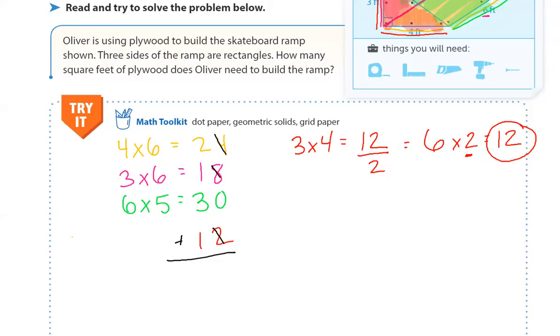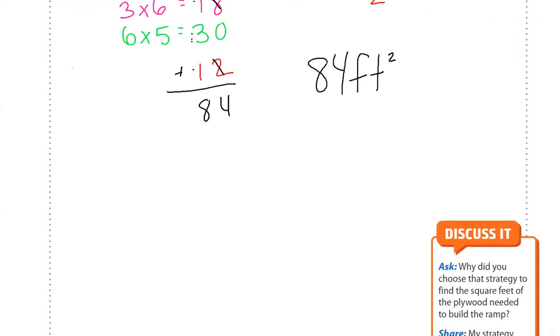That's 84. The units were feet, and we're talking about area. Area is flat, so area squared. So that's how much plywood he would need. He would have to go down to Home Depot and say, I need 84 square feet of plywood, because I'm building a skateboard ramp.